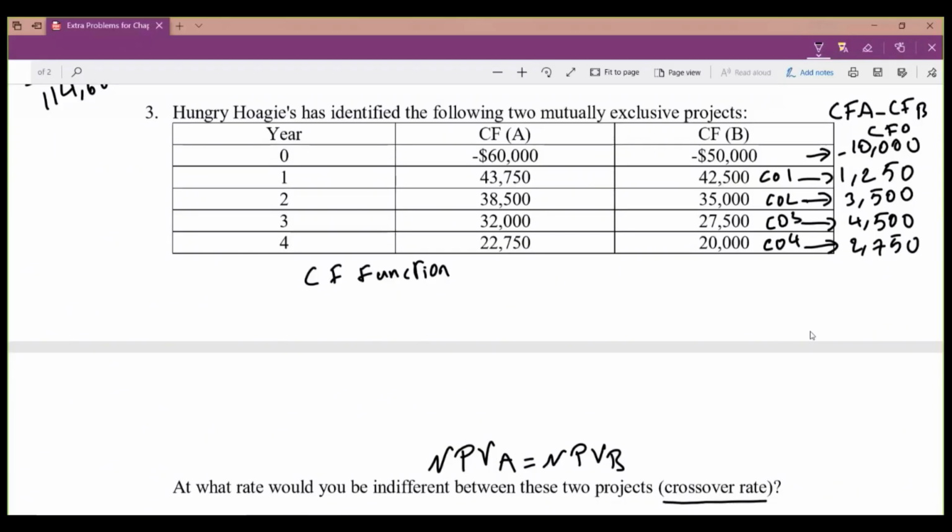I go to IRR and I click on compute. The answer here is 6.99%. So this is the crossover rate, which is the internal rate of return of the incremental cash flows.